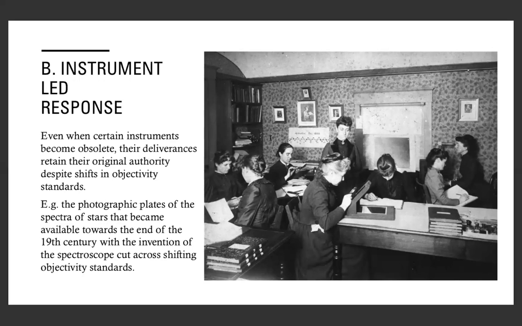So I'll just say that the photographic plates of the spectra of stars that became available towards the end of the 19th century with the invention of the spectroscope cut across shifting objectivity standards. What this means, and why I have this lovely picture of Antonia Maury, Williamina Fleming, Annie J. Cannon, and a number of other human computers at the Harvard Observatory, is because they were essential to classifying stars towards the end of the 19th century.